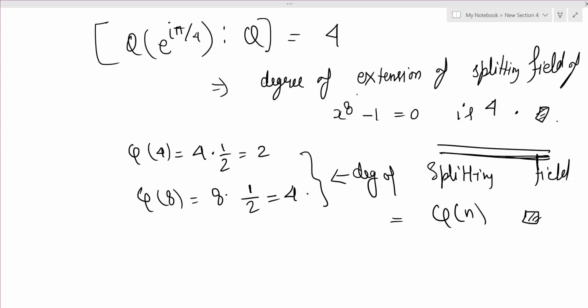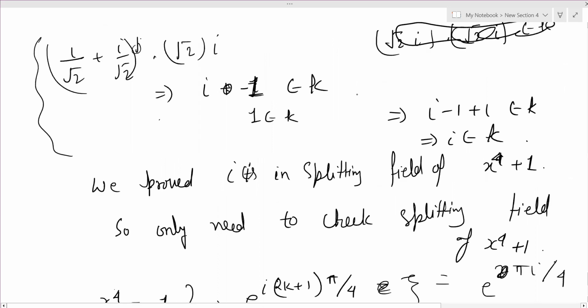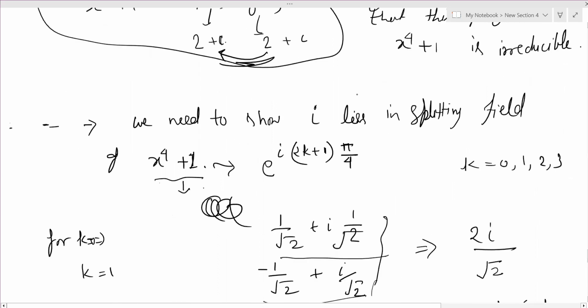Are you getting or not? The splitting field of x to the power n minus 1, the nth roots of unity, has degree phi of n. We verified it in two cases, n equals 4 and n equals 8.